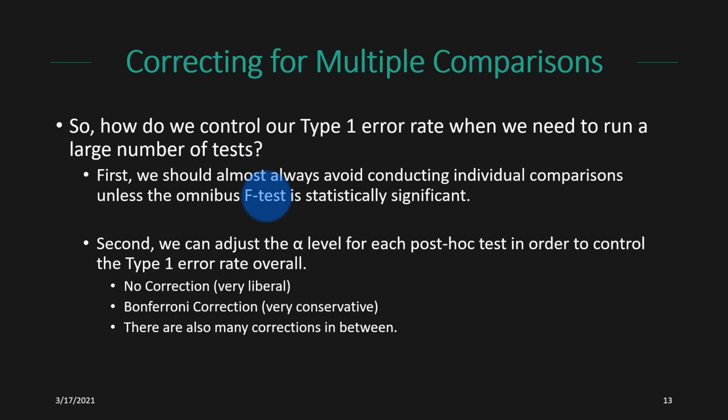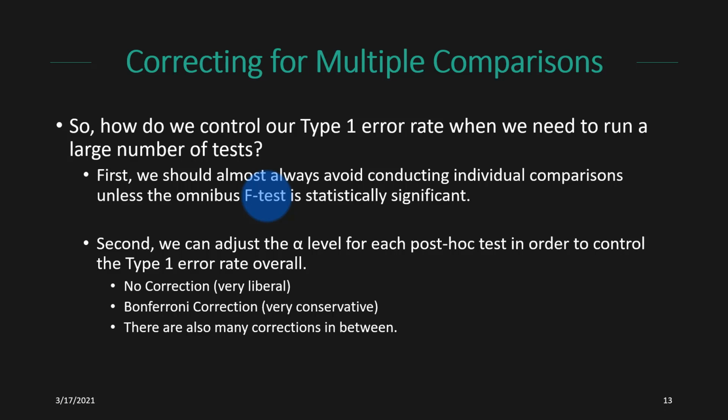But in general, most of the time, we're unsure exactly where differences are going to lie, so we want to use the omnibus F test as kind of the first bar we have to get over in order to avoid false positives. After that, we can then adjust the alpha level for each of our individual post-hoc tests in order to control the type 1 error rate overall.